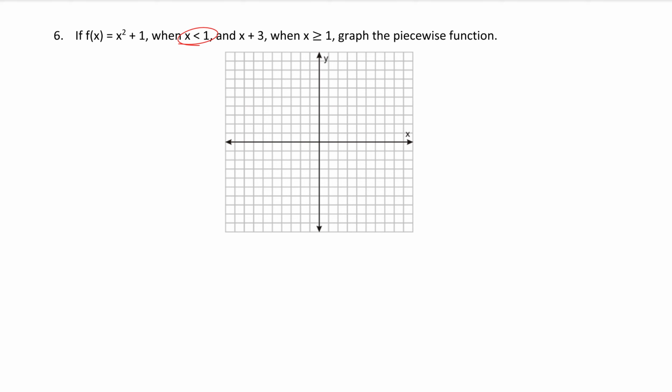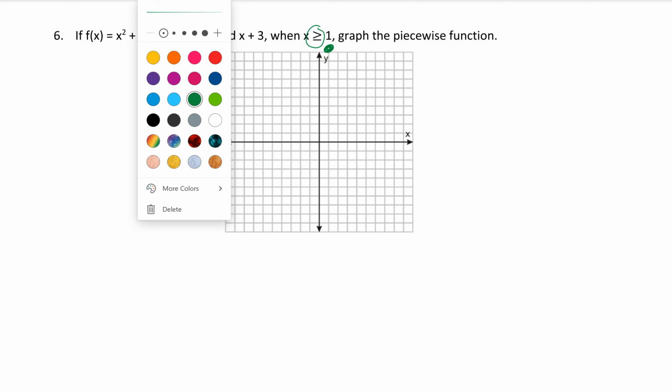First one, I have an x less than 1, which means that I'm going to have an open circle on this graph. And then I have an x greater than or equal to 1, so I know on this one, I'm going to have a closed circle. All right, and then 1 is actually where everything kind of shifts around.